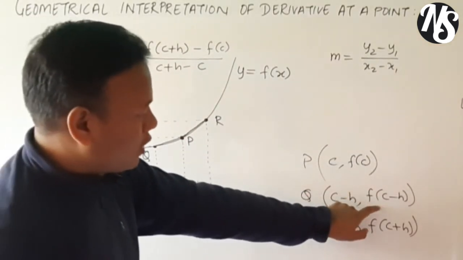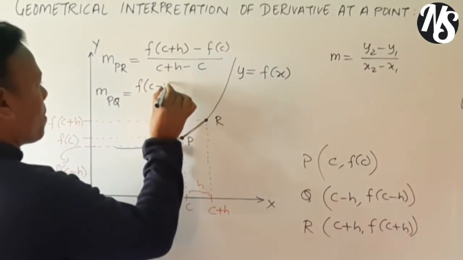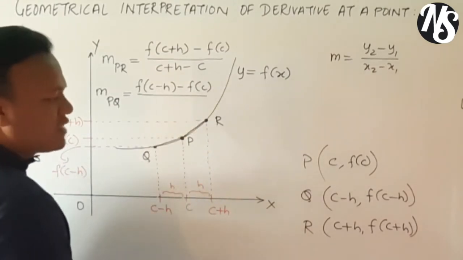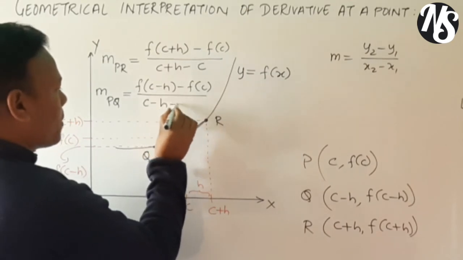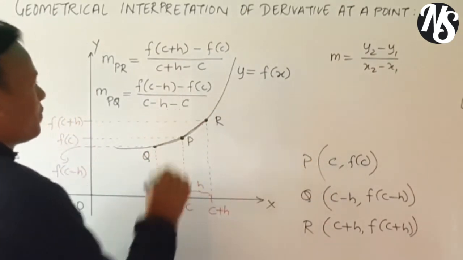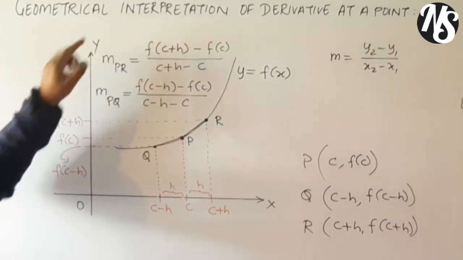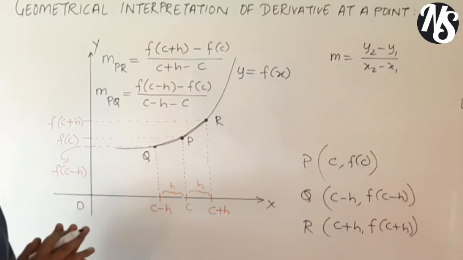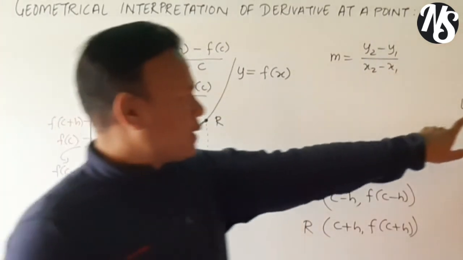So this becomes y2 minus y1 divided by x2 minus x1, that is c minus h minus c. So the slope of PR is given by this and the slope of PQ is given by this formula.